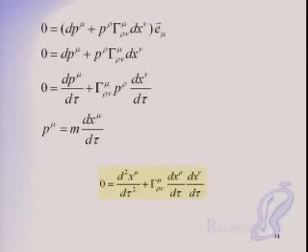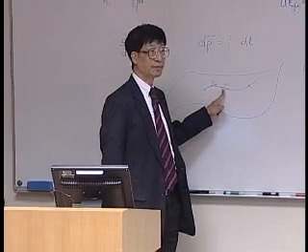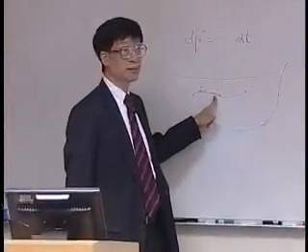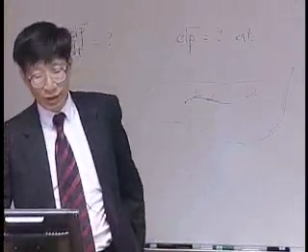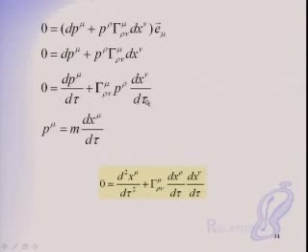If this is true for an infinitesimal displacement, I can certainly divide by d tau, where d tau is the proper time elapsed from here to here. So this is just dividing. I get this equation. But we also know that the momentum is mass times velocity. This is a generalization of a formula you know from Newtonian physics, p equals mv, but generalized to four directions.